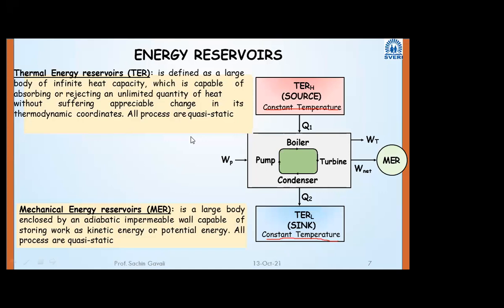So that body or system is called a thermal energy reservoir. Is it okay? Now understood, or shall I repeat once again? Okay, so temperature remaining constant.